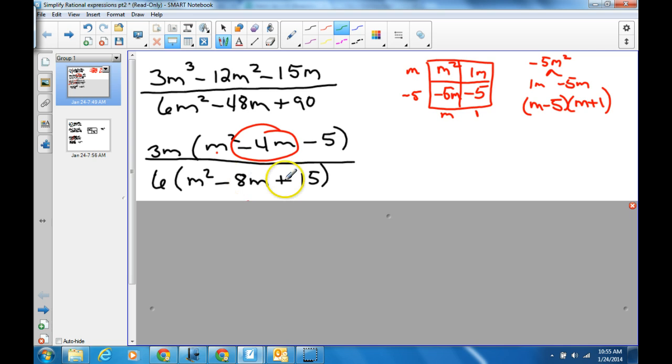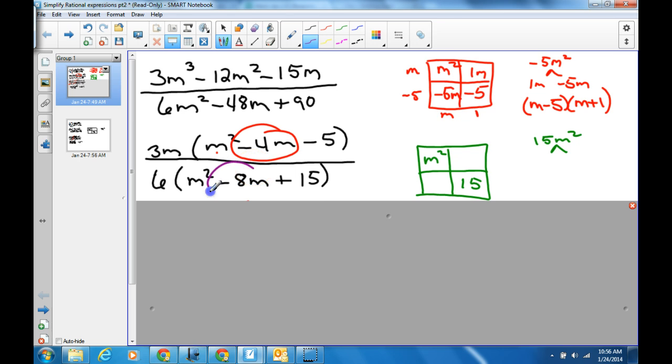We need to do the same thing for this polynomial. Okay, so I have an m squared here and a 15 here. If I multiply my diagonal together, I got 15m squared. So what are my factors?